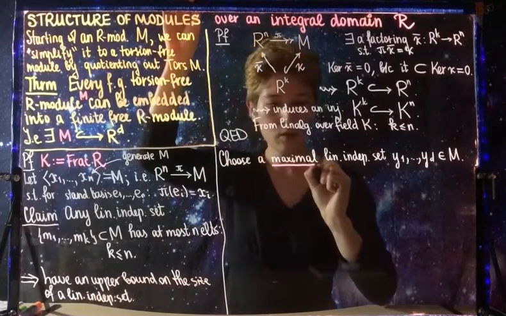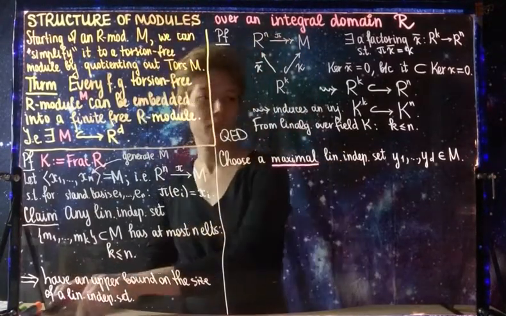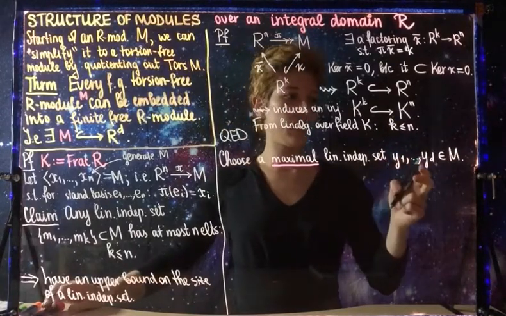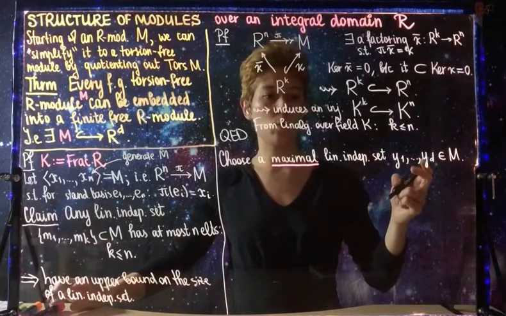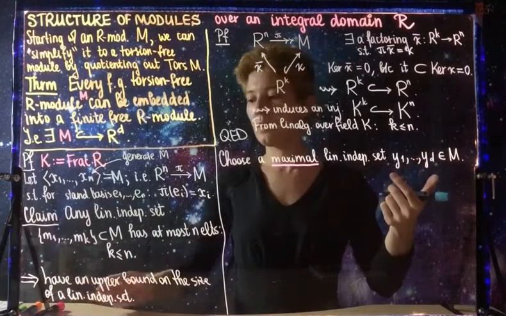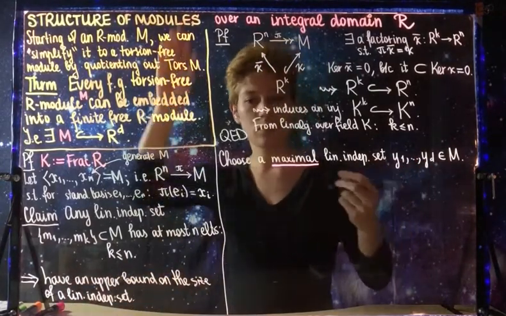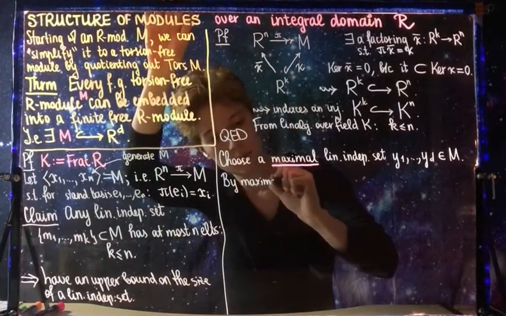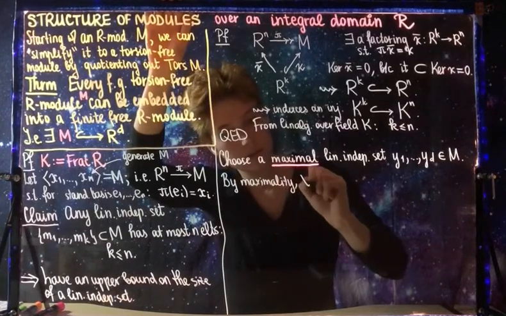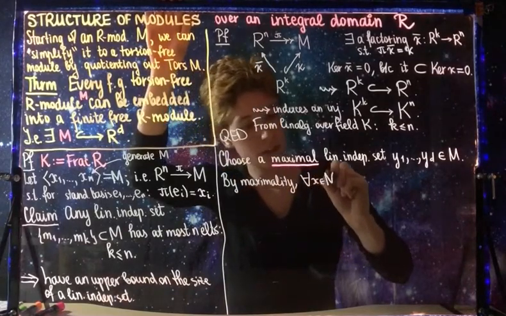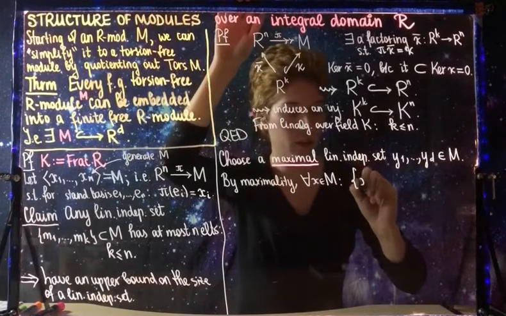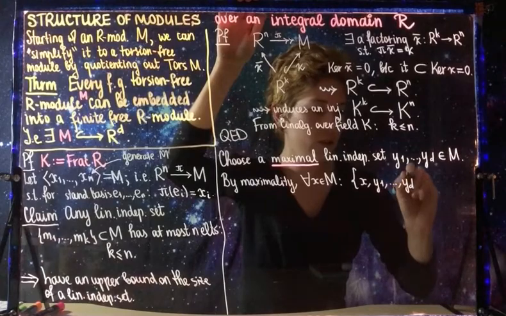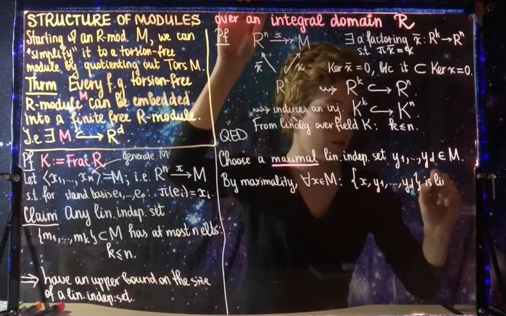Because it is maximal, it means that for any element that we add to this set, we would get that this bigger set would be linearly dependent. So by maximality, for any element x of M, the set x, y1 through yd is linearly dependent.